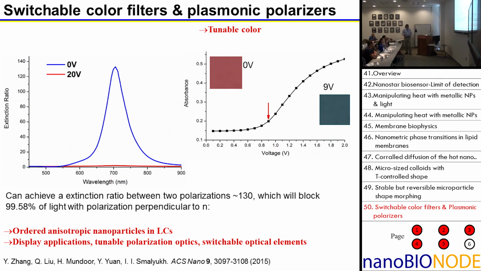A couple more examples in here will show you that we can use those composite materials involving plasmonic nanoparticles as polarizers, different kinds of switchable polarizers, where you can make it a polarizer or not by simply applying voltage, and this is based on dispersions in liquid crystals that we discussed. We can have them work as color filters.